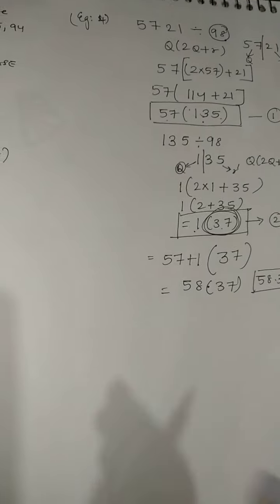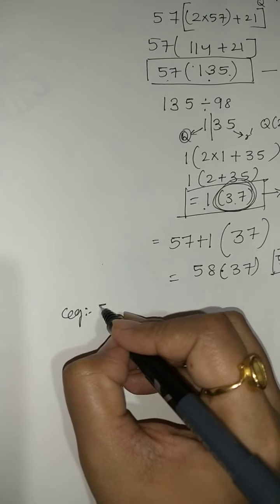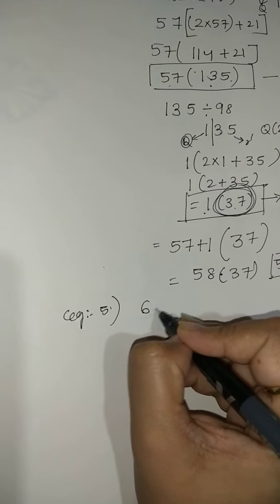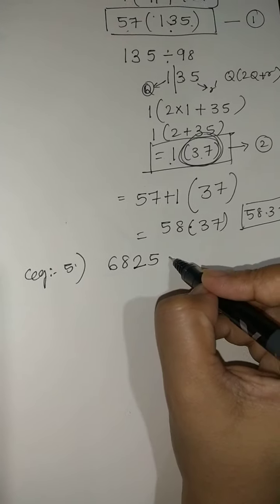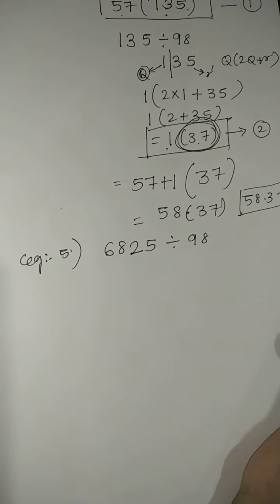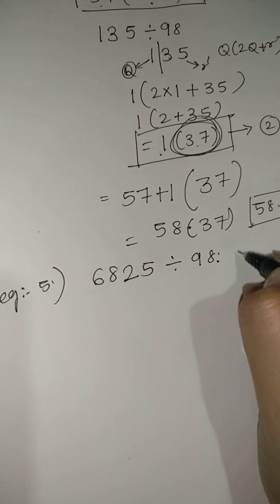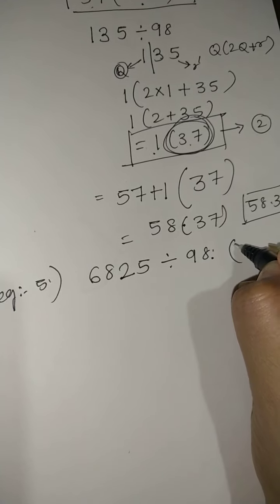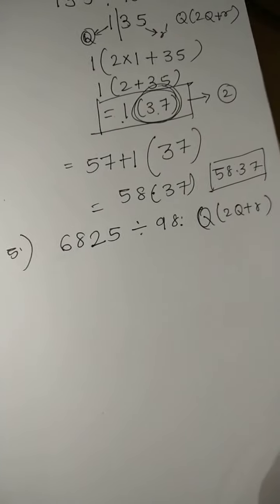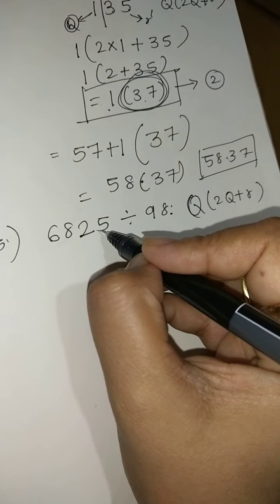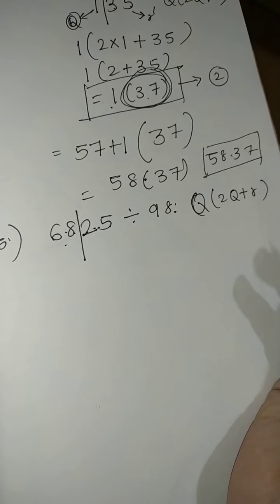Okay. I will solve one more sum. Okay. Like this. Example number 5. 6825 divided by 98. Okay. In this case, what will I do? Same thing, because it is 98, my formula is going to be q 2q plus small r. Okay. Now split the number. Unit tens और hundreds के बीच में you will split.